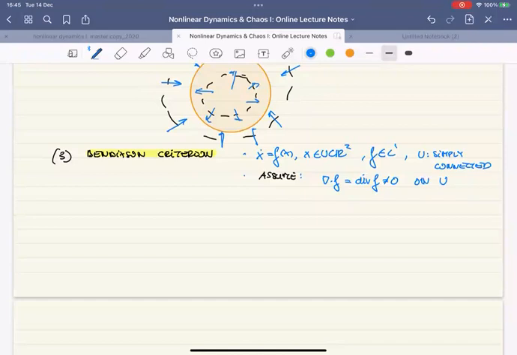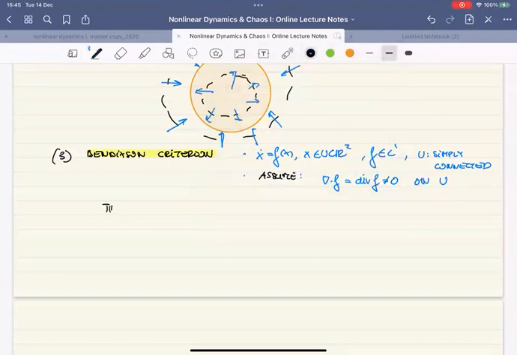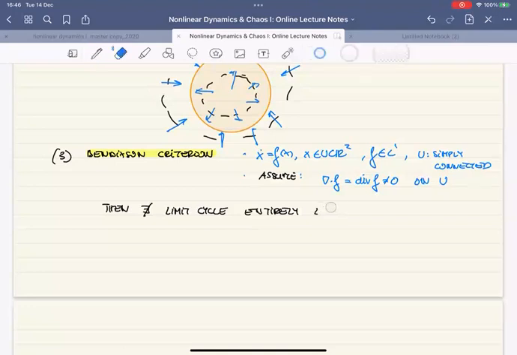Then the statement is, there exists no limit cycle for the system entirely contained in U. So you may have limit cycles, but they must leave U.